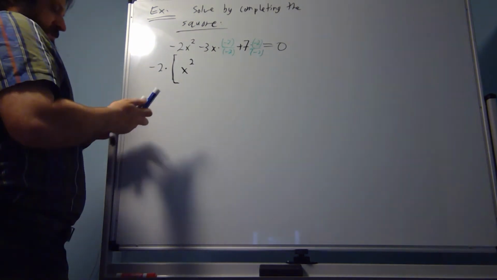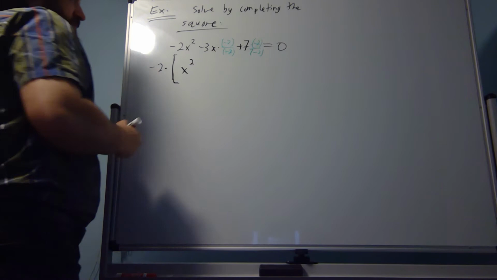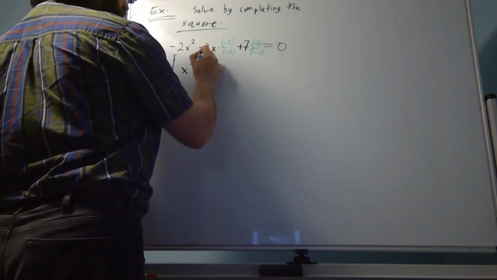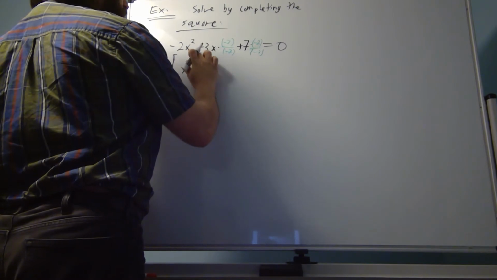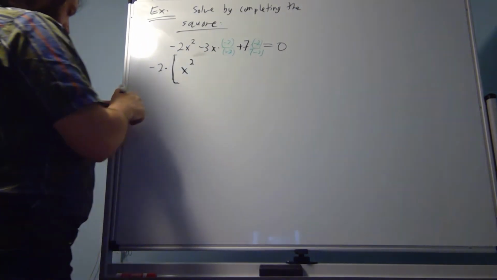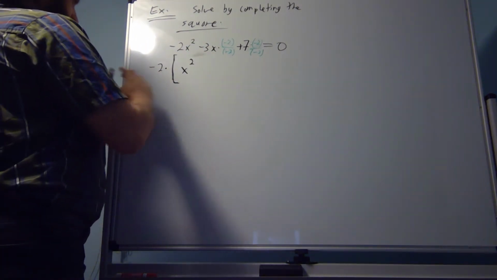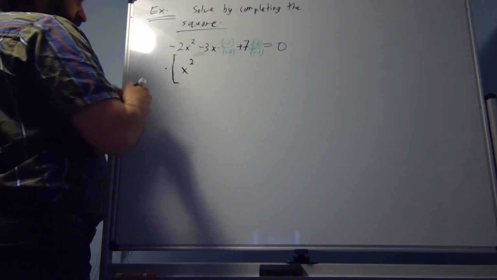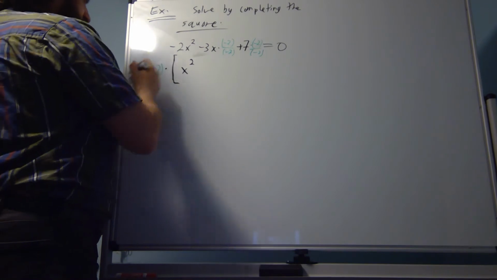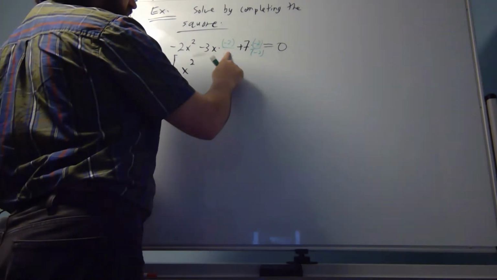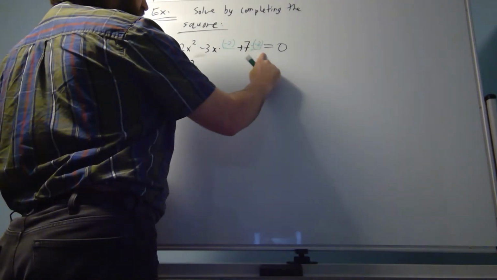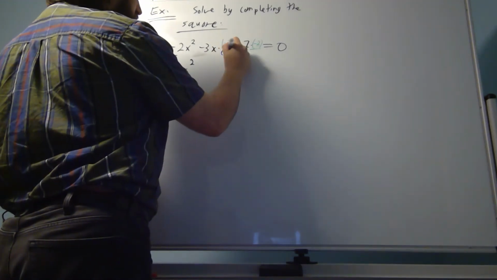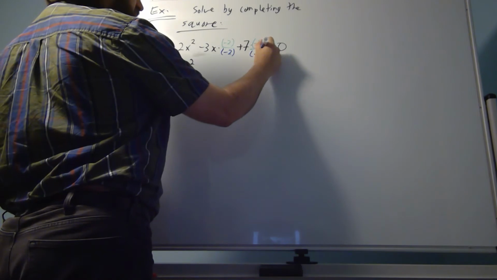So if I include this -2 here, let me color this one green, the one that I'm factoring out. The one that I keep, I'll color that one blue, so you can see we're doing different things with these. So this one I'm keeping, the green one I'm factoring out.